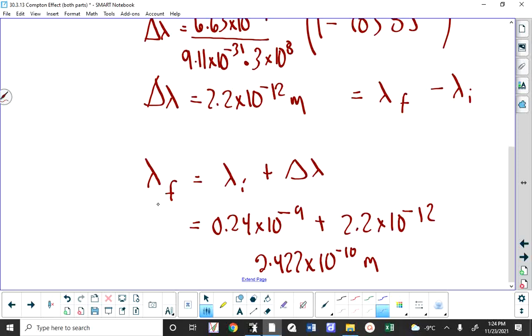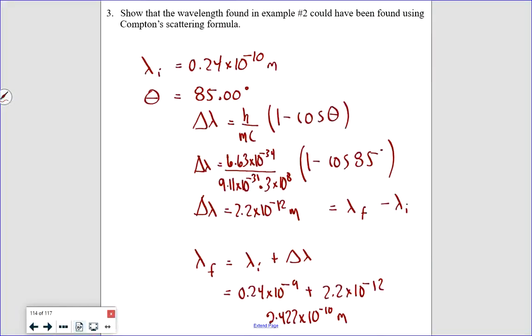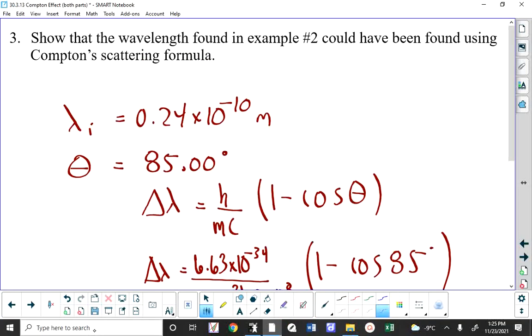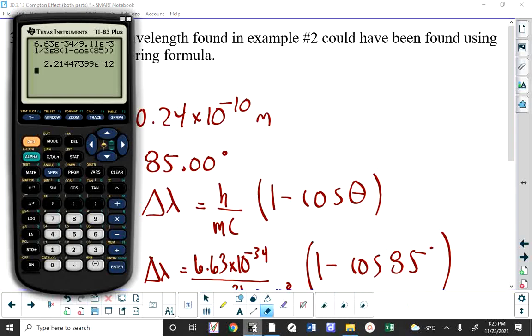Any questions with that example? Yeah, go ahead, Ben. So for the delta lambda, can you check to see if you're in degree mode? Yeah. You are in degree mode? Yeah. Okay. So you're using an 84? Oh, I didn't put a bracket around 84. I think I saw what I did.